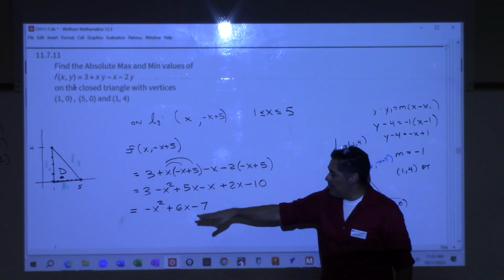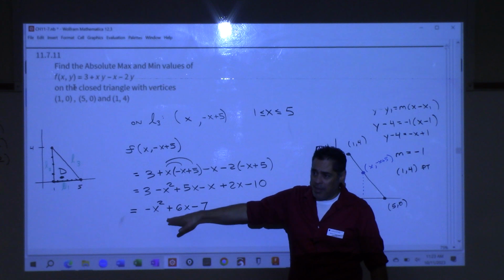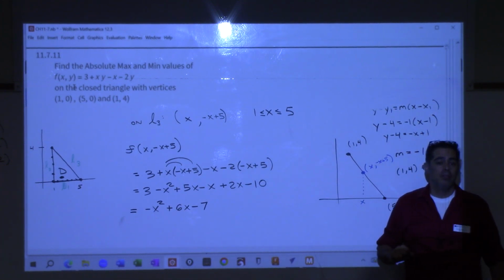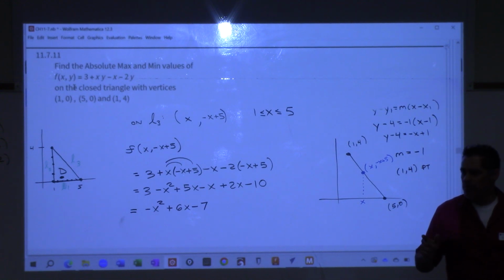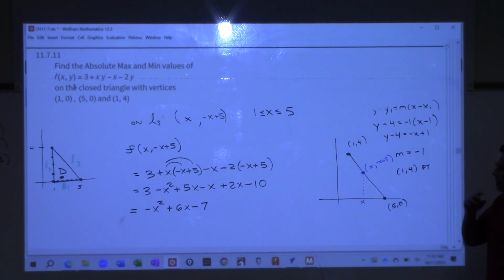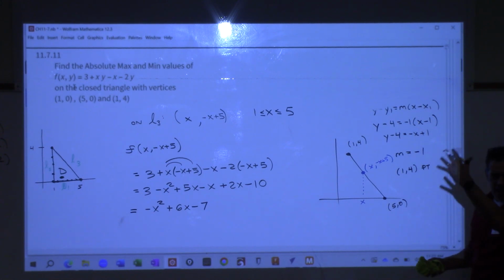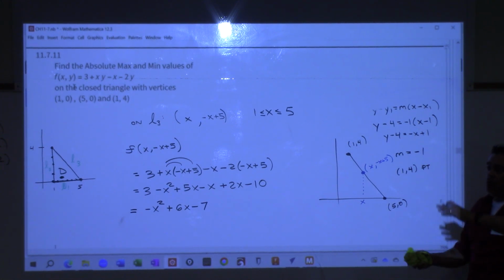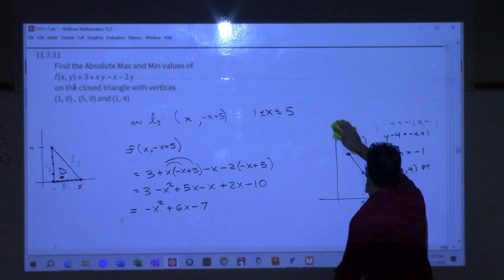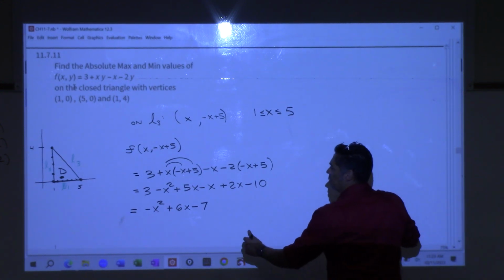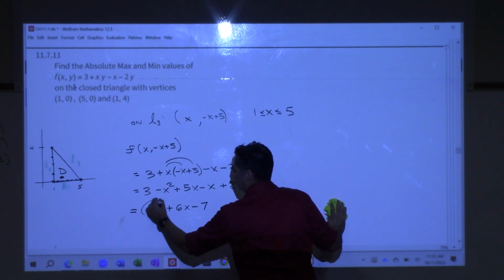How do you find the absolute maximum and minimum value of a function on a closed interval? The derivative, critical points. So this is the closed interval method from Cal 1 that I started talking about last class. So what I'm going to do now is take this right here.